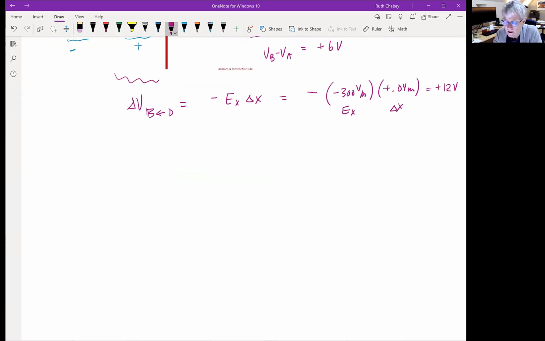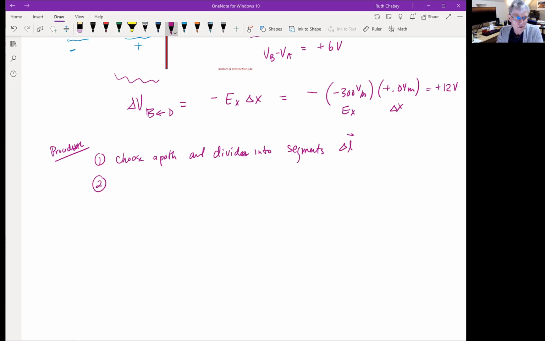So basically, we use a procedure really similar to the one we use for finding the electric field of distributed charges. So we have to choose a path and divide it into segments, little delta L's.